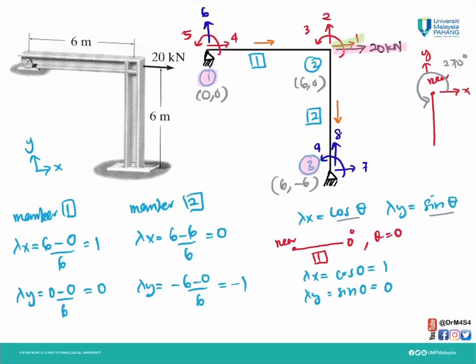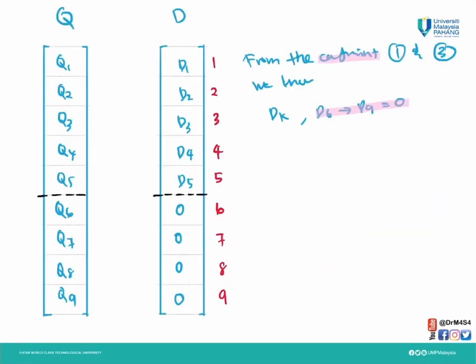So Q1 for that one is 20. And no any external forces given for this question. That means Q2, Q3, Q4, Q5 is 0. So we assemble our matrix for Q and D.